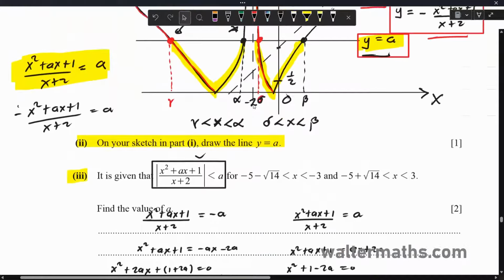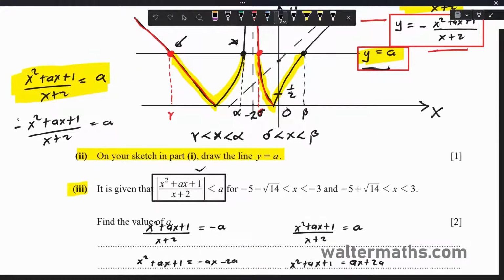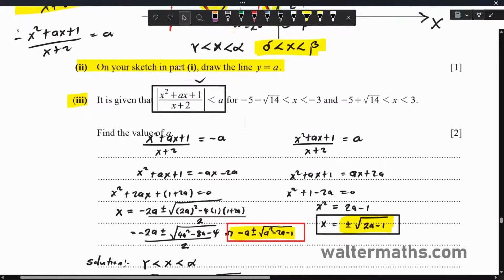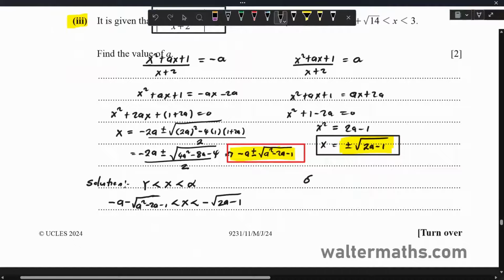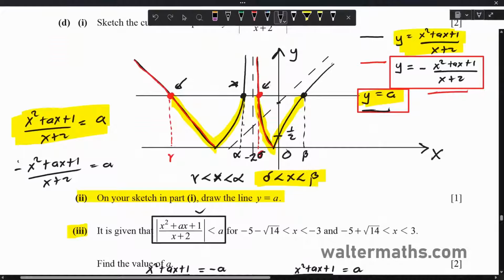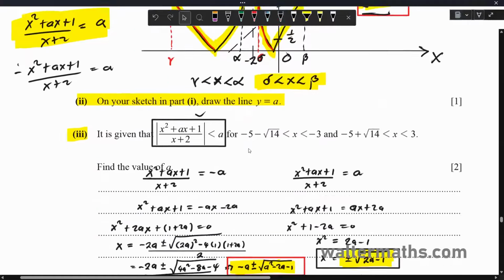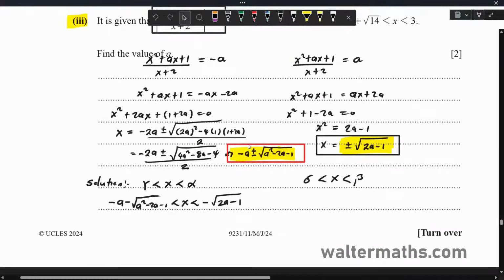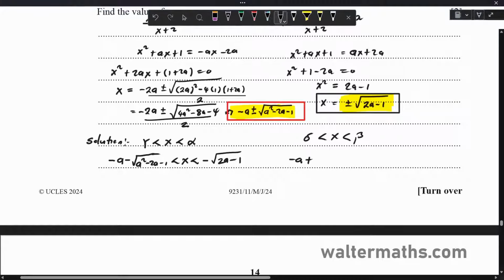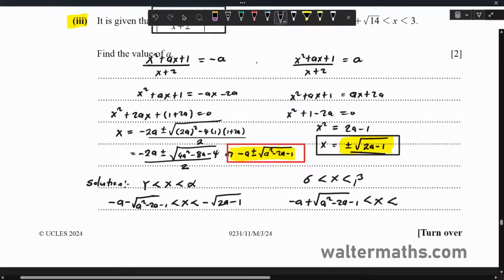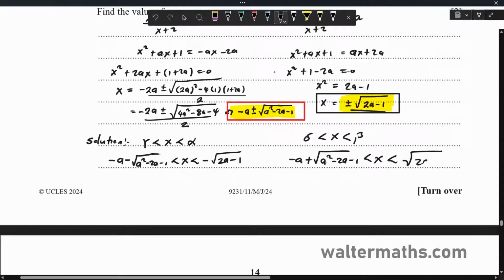And then the second set of solutions is this one here, from delta to beta. Delta is this point here, the reflected red intersection, the higher point, which is minus a plus the square root of a squared minus 2a minus 1, less than x, less than beta, which is the positive one here, the square root of 2a minus 1.